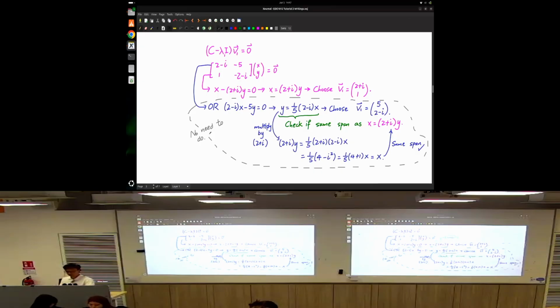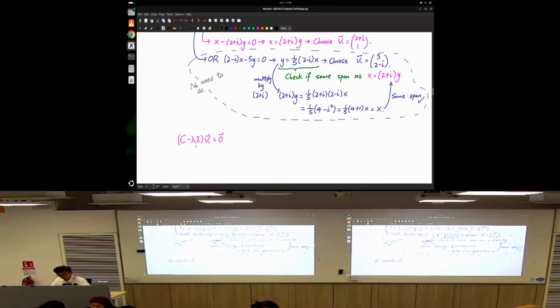Actually no need. The reason is because V2 is minus i, correct or not? If you solve for V2, it will be the complex conjugate of V1. So let me quickly show it to you. For V2, this one just remove. Make it become lambda 2, V2.